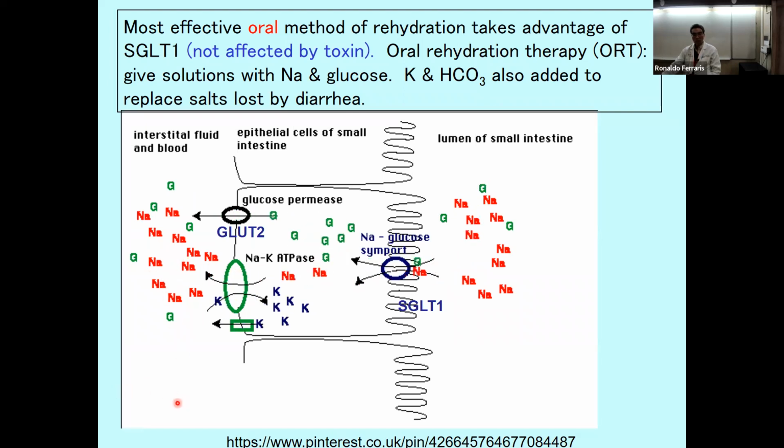So while there is CFTR releasing chloride and sodium also going out through the paracellular pathway, you have this process being activated. So now you have sodium entering and replacing the lost sodium that is being extruded via diarrhea. With these solutions, you add potassium, and bicarbonate is to make it less acidic.